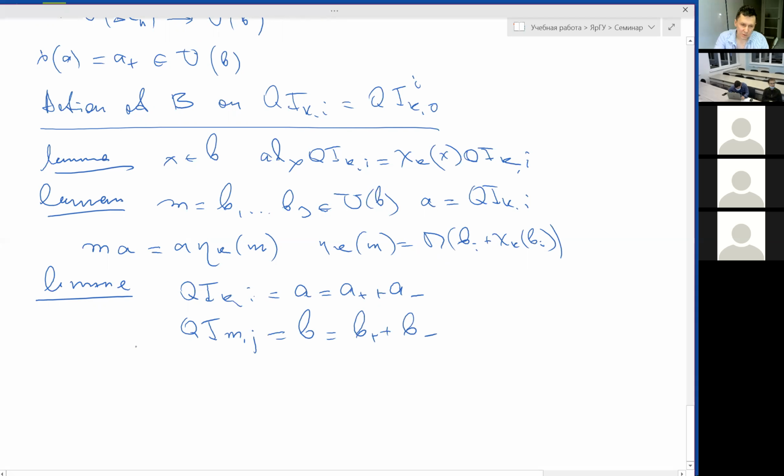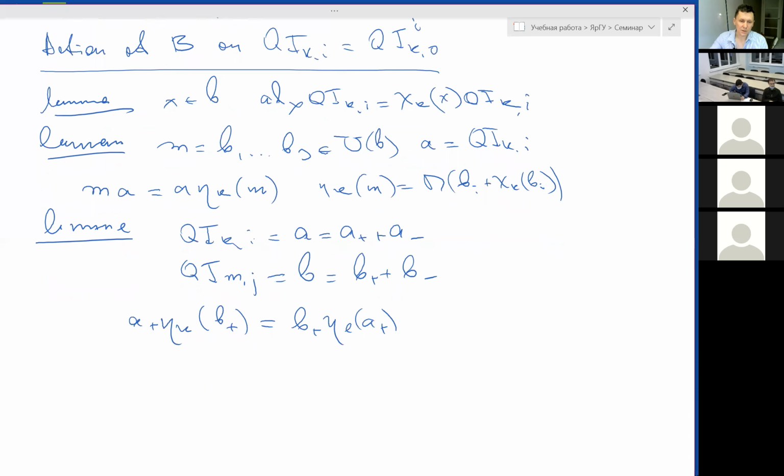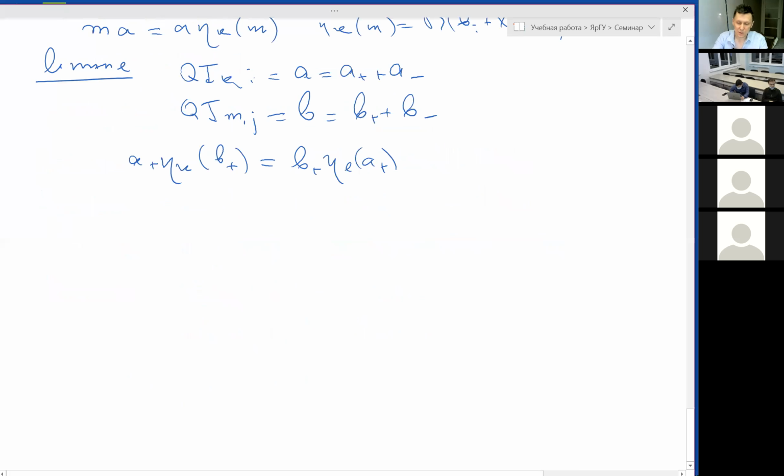And then the statement is the following: A_plus at K, B_plus at L, A_plus. So this statement is an analog of the Poisson commutativity in the classical case, in this quantum situation, and it has some consequences.